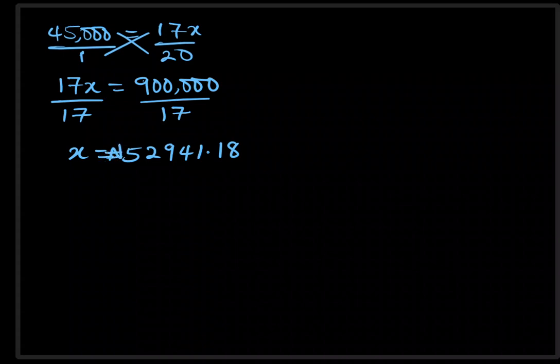So this is what we get, and this becomes our selling price. No, sorry, our cost price, which was X, becomes 52,941 naira 18 kobo. So this is what we have for our cost price.